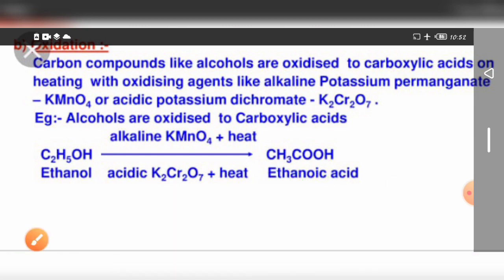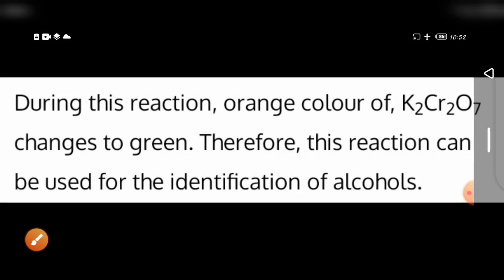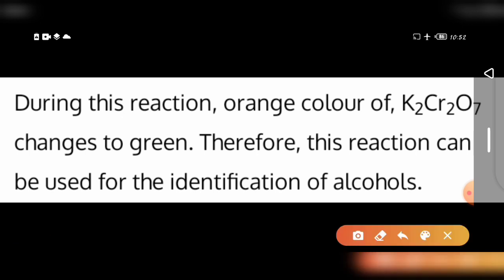Okay dear, next, the same reaction. During this reaction, the orange colored potassium dichromate, K2Cr2O7, is the oxidizing agent. The color of potassium dichromate is orange. During this reaction it changes to green. Therefore this reaction can be used to identify alcohols.